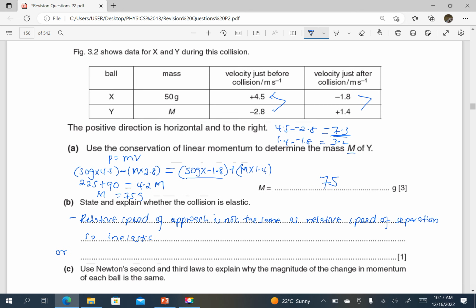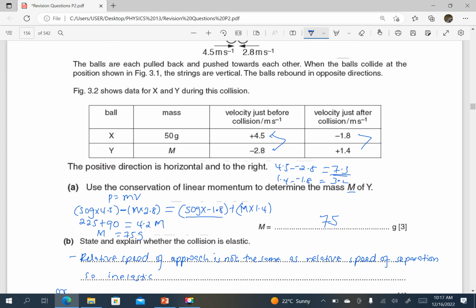Total kinetic energy before collision is going to be a half times the mass, 50 divided by 1000, so 0.05, times the speed 4.5 squared, plus a half times the mass of 75 grams, which is 0.075, times its speed 2.8 squared.